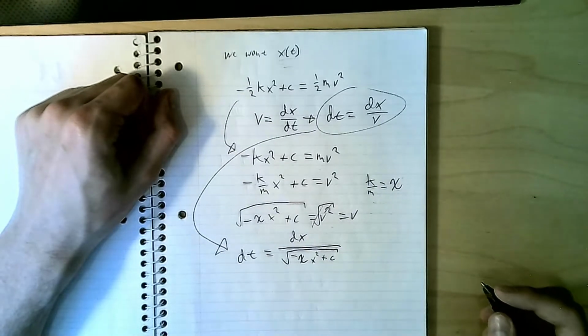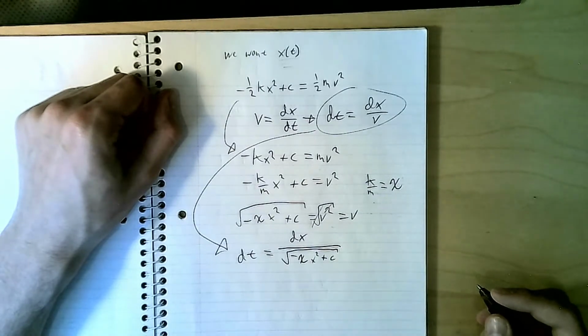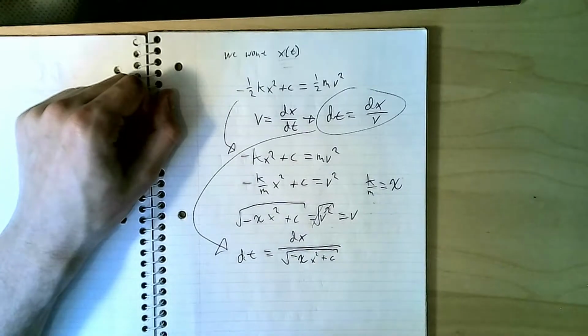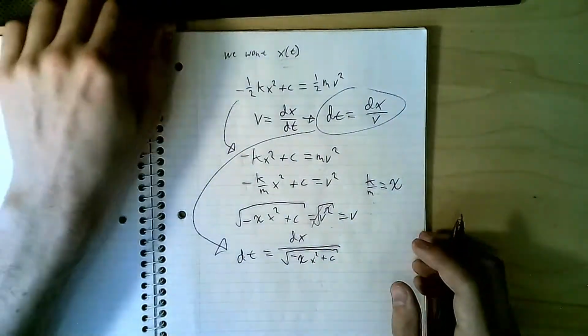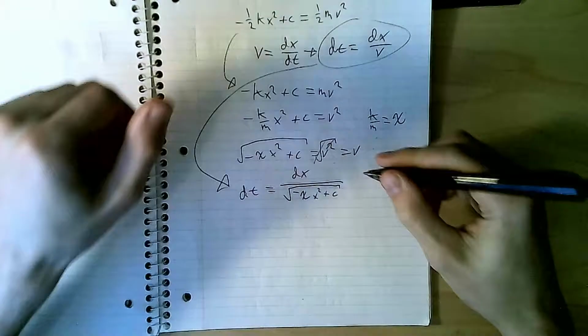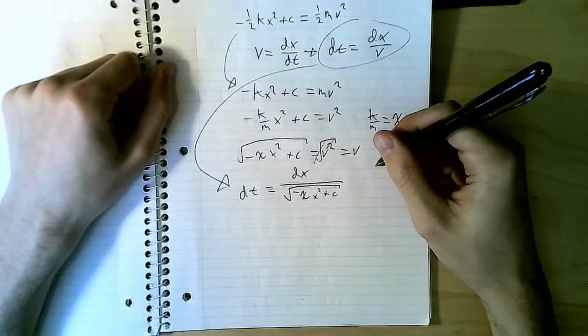So we're going to want to integrate both sides. But before we do that, we want to massage this, if you will, to look more like a familiar form that we can look up in an integral table, because it's been too long since I've taken Calc 2, so I'm not trying to do that manually with trig sub, right?